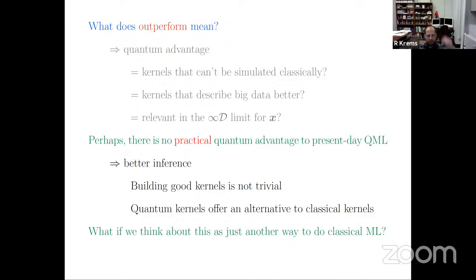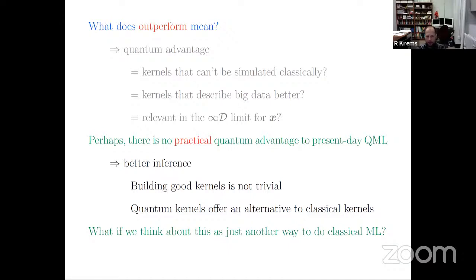Okay, so then maybe we could talk about the outperformance of quantum kernels in the sense of better inference. Because, as we saw throughout my presentations, building good kernels is extremely important, but it's actually not trivial. We used this method based on the BIC, but it's a greedy search that still leaves many good kernels out of the search space.